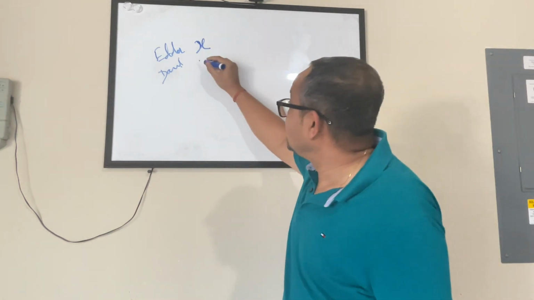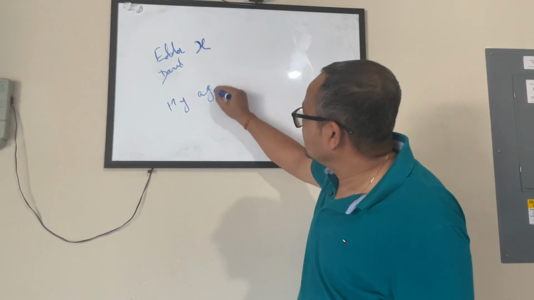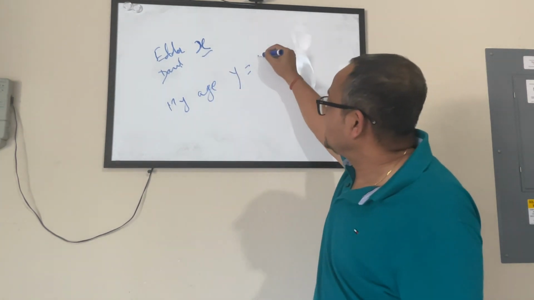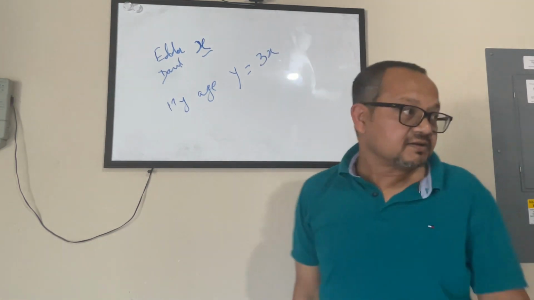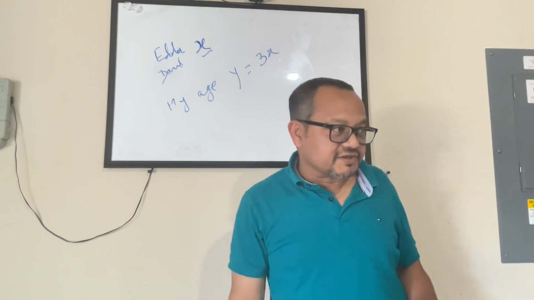My age is 3 times that. Let's say my age is Y. Y is equal to 3 times this age. This is the first relationship that we have drawn from the story that I have given you just now.